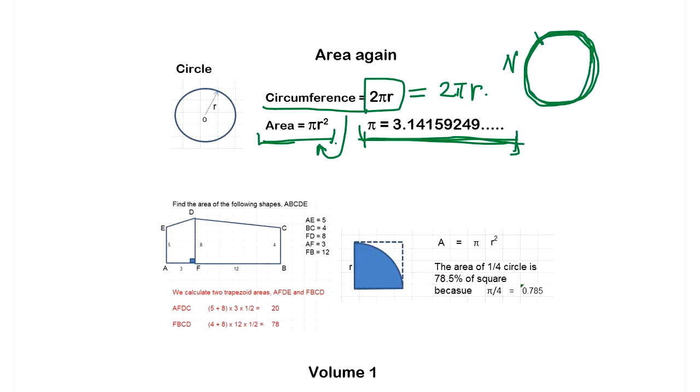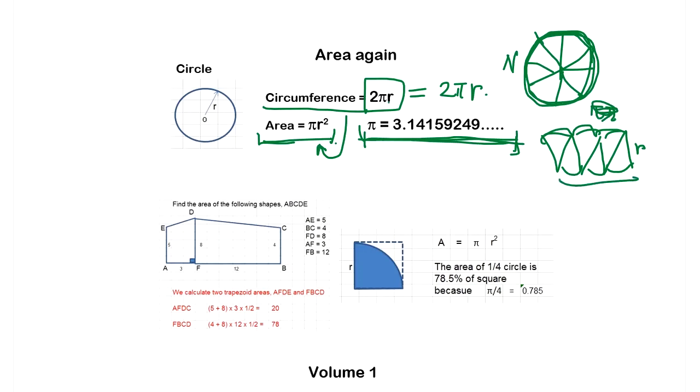Okay, and if the length is given like that, then you divide this into many sections, put them together, right? And this is r, and this is half of the circumference, right? So it's a half pi r.